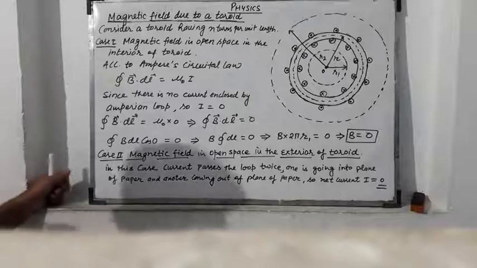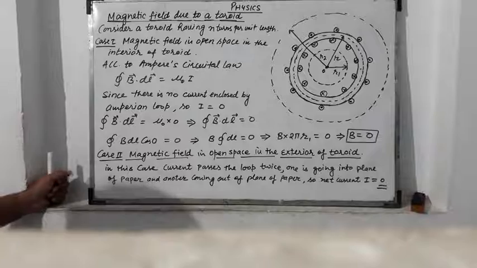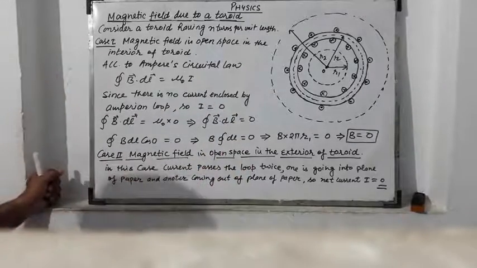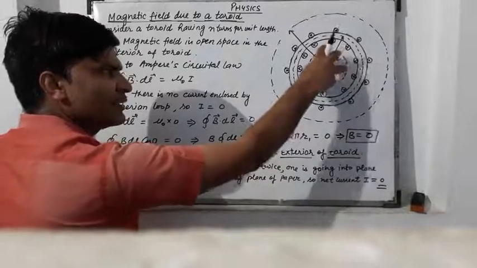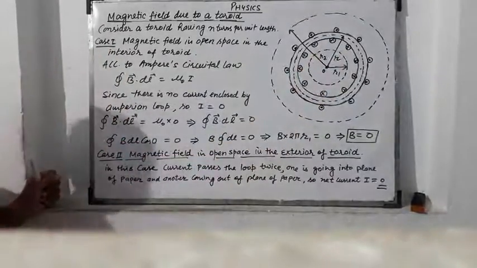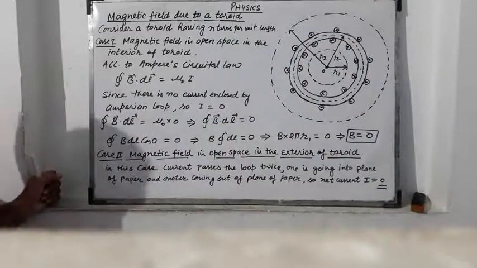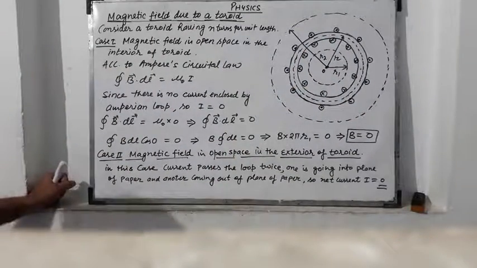On the basis of radius, depending on radius, there are 3 regions. One is in the interior of the toroid, one is inside the toroid, and one is outside the toroid.